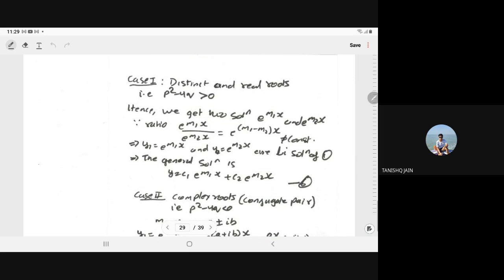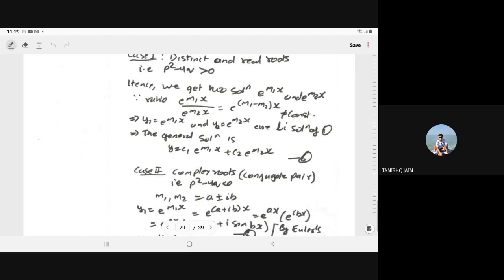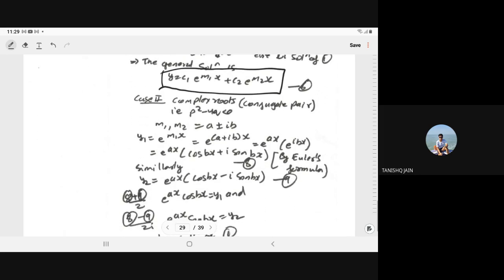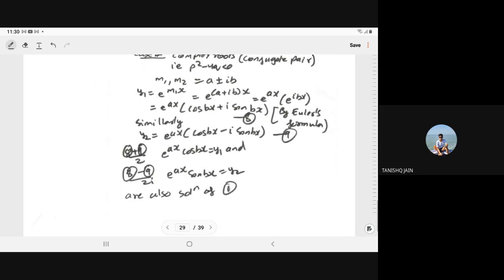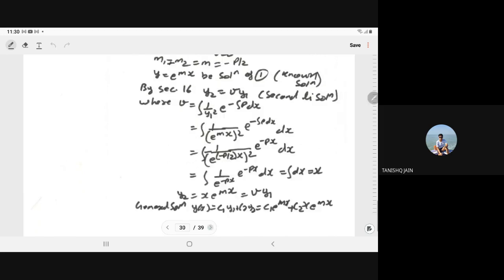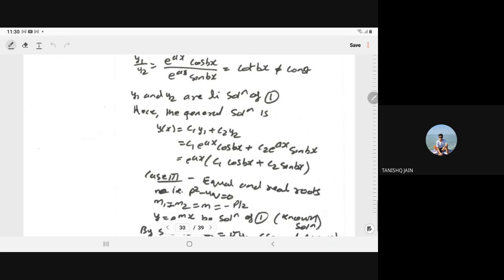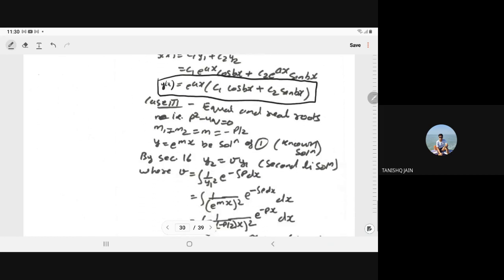So first is the case when we have distinct and real roots. At that time, the general solution is y equal to c1 e to power m1x plus c2 e to power m2x. Second, when we have complex roots, at that time we take y(x) equal to e to power ax (c1 cos bx plus c2 sin bx) as the general solution.